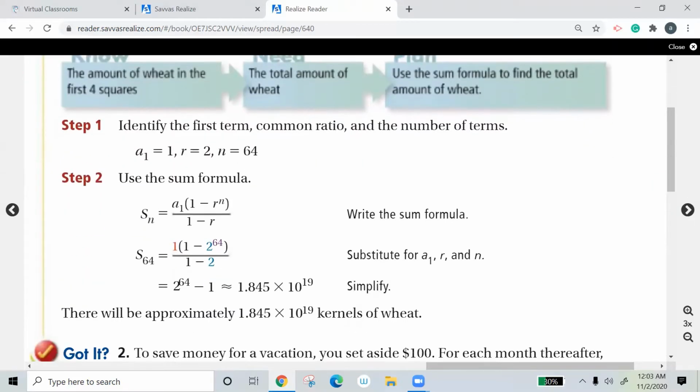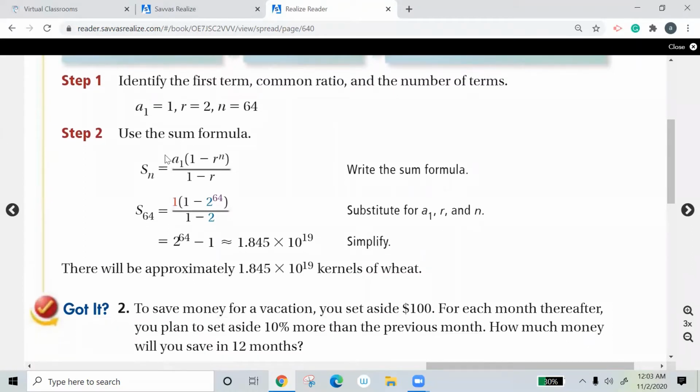Step 2, use the sum formula. S sub n equals a sub 1 times 1 minus r raised to n, all over 1 minus r. Then plug in all those given. S sub 64 equals 1 times 1 minus 2 raised to 64, all over 1 minus 2. Then simplify.